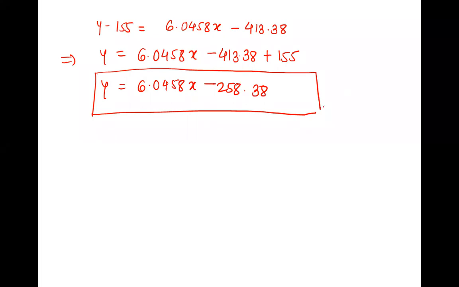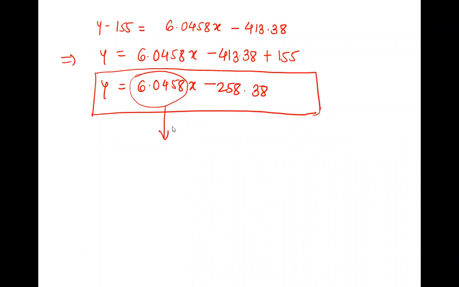So this is your required first line, the regression line y on x. y is equal to mx plus c. And whatever this m is, what is this value? This value is m.